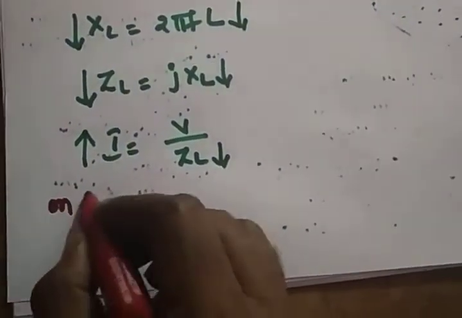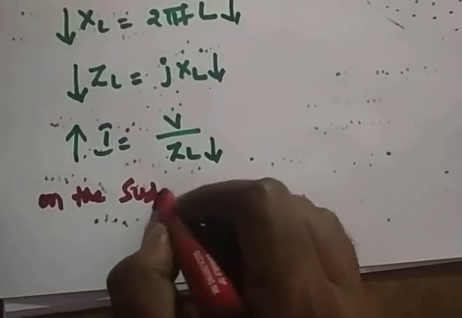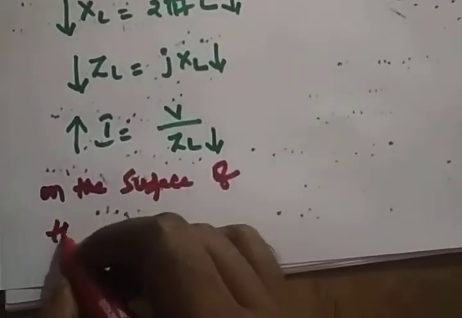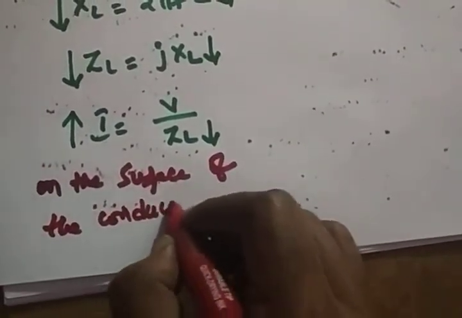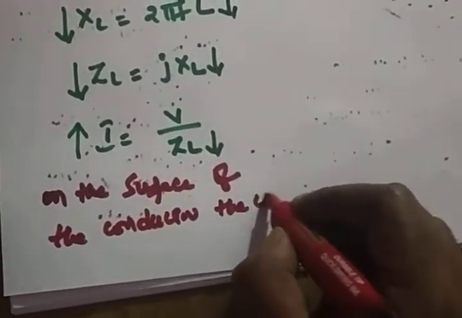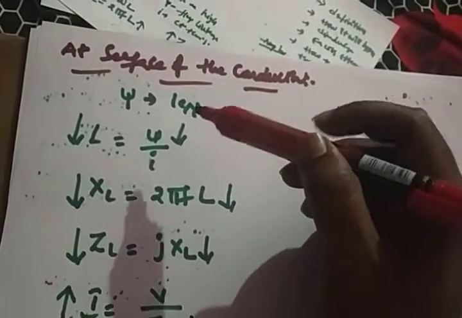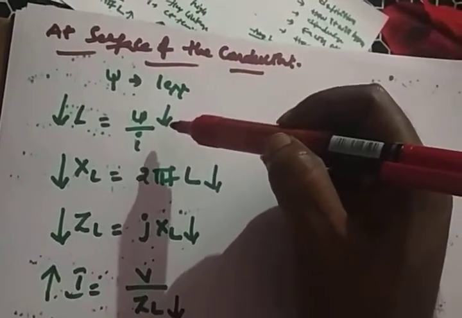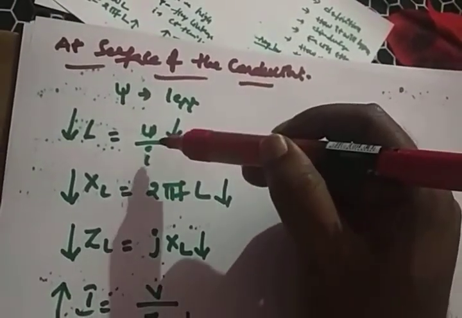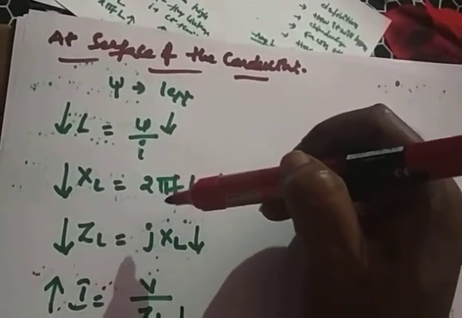So what we conclude? On the surface of the conductor, the current will increase, right? On the surface of the conductor, the flux linkages will be very less. If the flux linkages are very less, the inductance value is less. If the inductance is less, the inductive reactance also reduces.